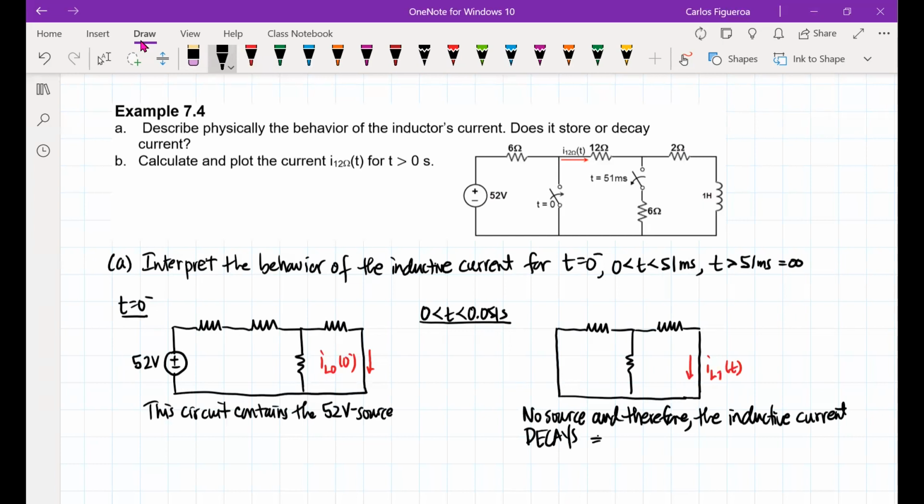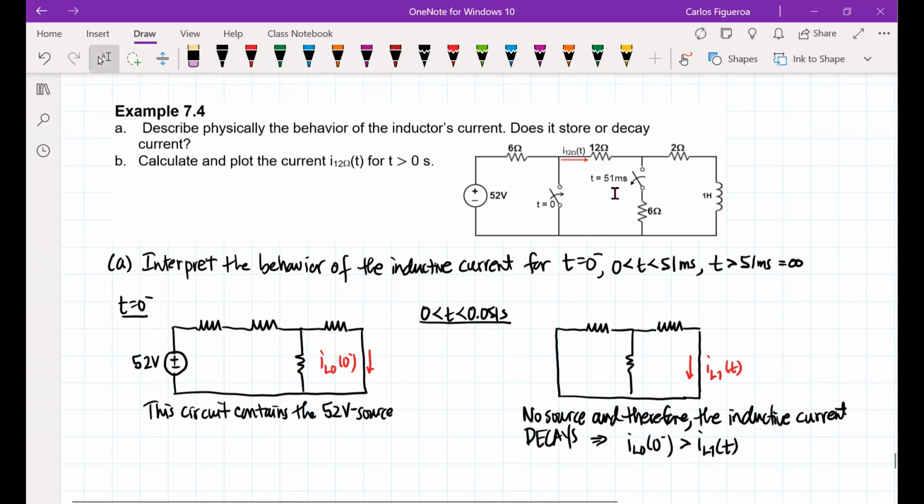What that really means is that IL of 0 is going to be larger than IL of 1 at any point, except at the boundary. So it's going to decrease. And then the second switch is thrown.